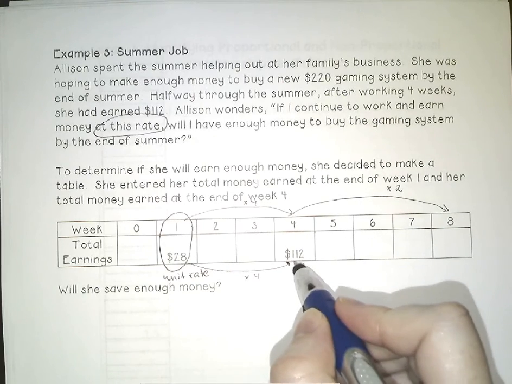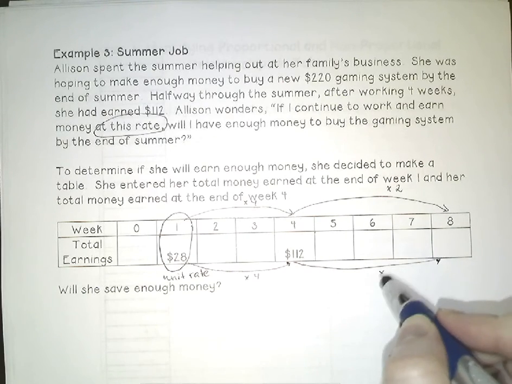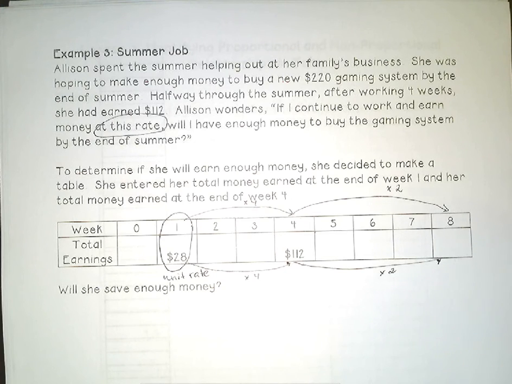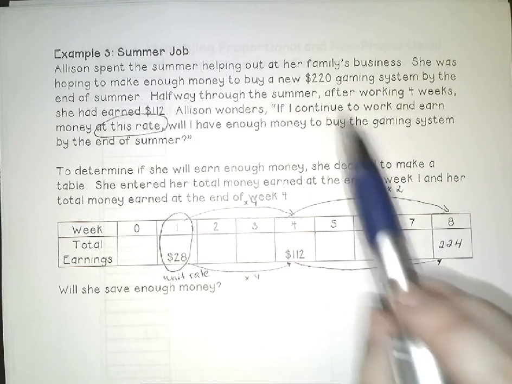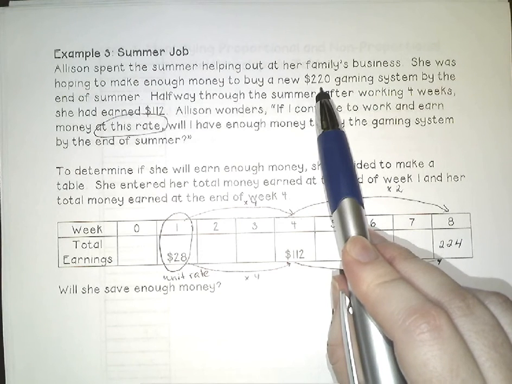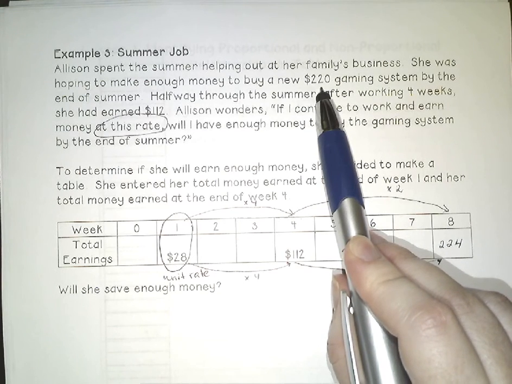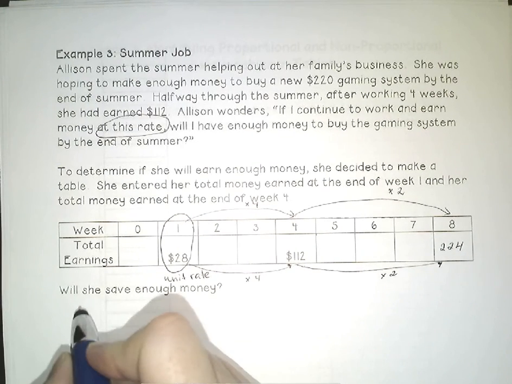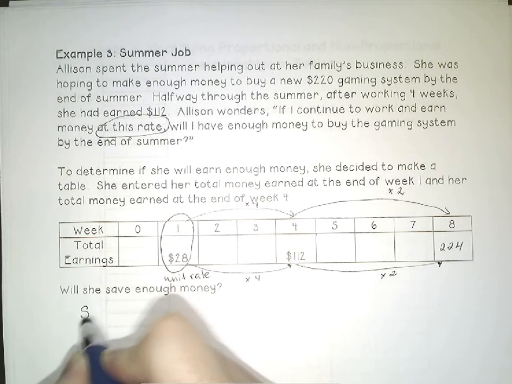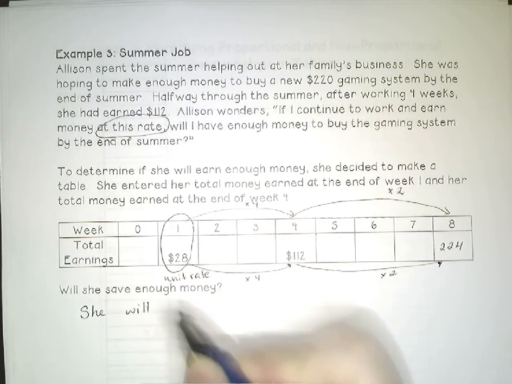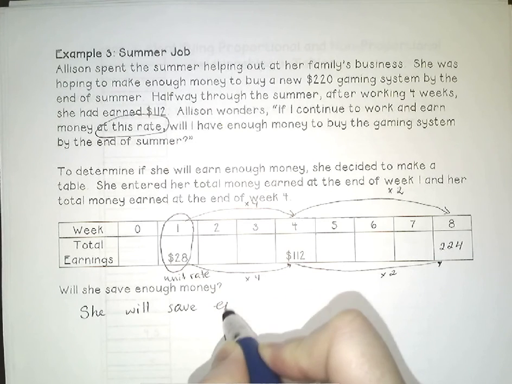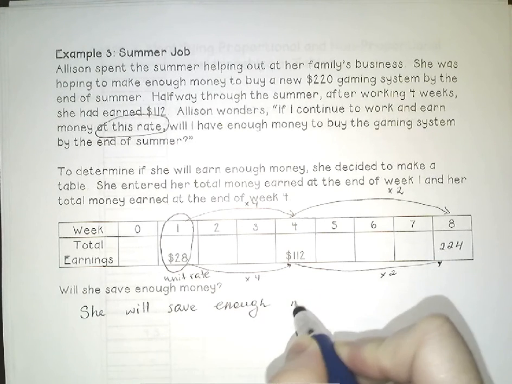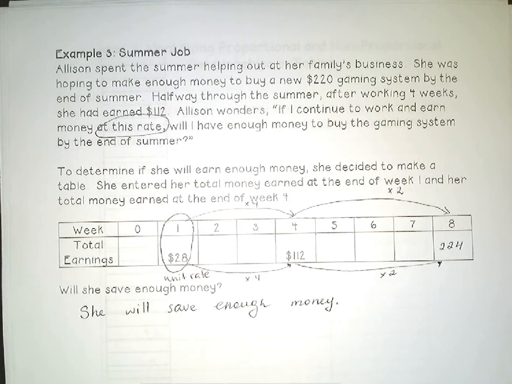So if I multiply 112 by 2, I should be able to find that amount of money. So 112 times 2 is going to be $224. Will she make enough money for the gaming system? Yes, she is going to have enough money, and actually she will make $4 extra. So I just answered the question. She will save enough money.